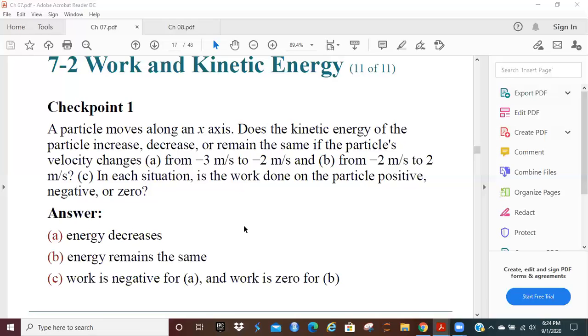That's right. Because what happens when you square -2 or you square 2? They're equal to 4. It's equal to the same. The mass hasn't changed. That 1/2 certainly hasn't changed. So your kinetic energy is going to be the same in both cases. The direction is going to change, but in terms of energy, there's no difference, right?